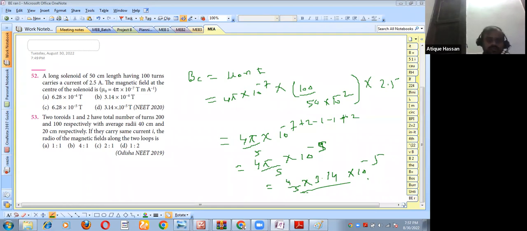Now moving to the next question, 53. How much did you get? Here we have two toroids, 1 and 2, having turns of this and this, and average radii this and this, respectively.